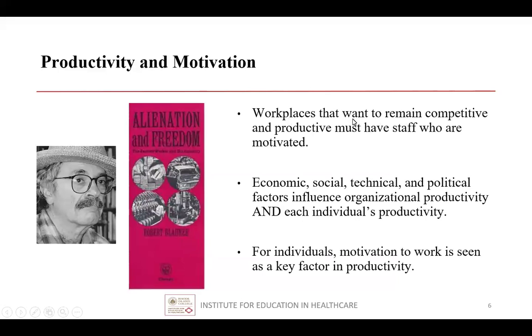He discovered workplaces want to remain competitive and productive, but to do so, they must have staff who are motivated. Economic, social, technical, and political factors influence organizational productivity as well as each individual's productivity. They're very closely intertwined. And individuals saw motivation as a key factor in their productivity.